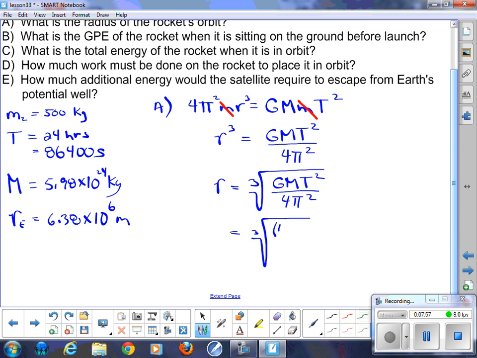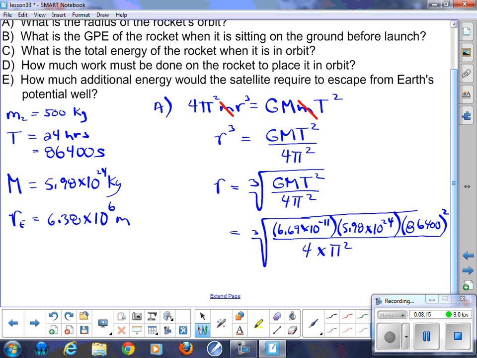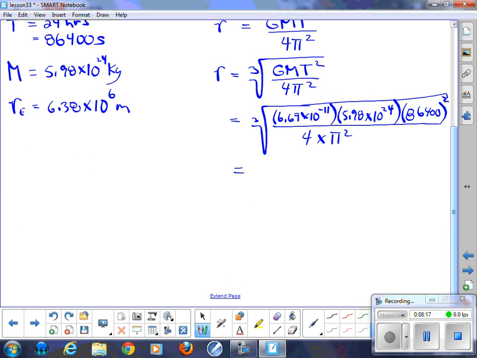So 6.67 times 10 to the negative 11, 5.98 times 10 to the 24, multiplied by 86,400 squared, divided by 4 times pi squared. That's all inside the cube root sign.